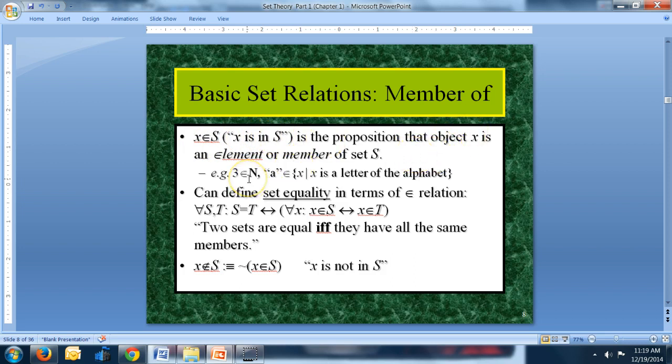Later on we will notice the difference between an element belonging to a set and a set which is a subset of another set. Those are different notations.